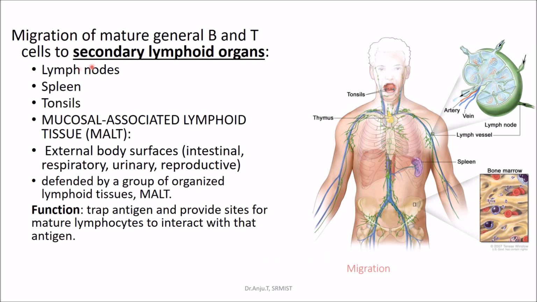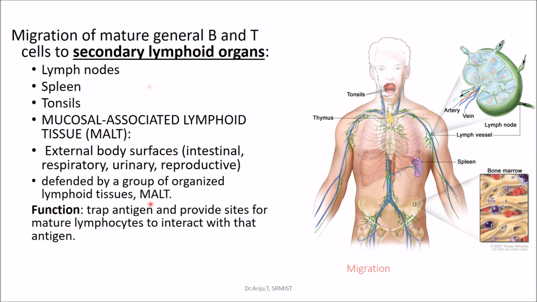Secondary lymphoid organs are lymph nodes, spleen, tonsils, and mucosal associated lymphoid tissues. That is loosely arranged lymphoid tissues in intestinal, respiratory, urinary and reproductive tracts that have scatterings of B cells, T cells and plasma cells. So all this together is called mucosal associated lymphoid tissue.